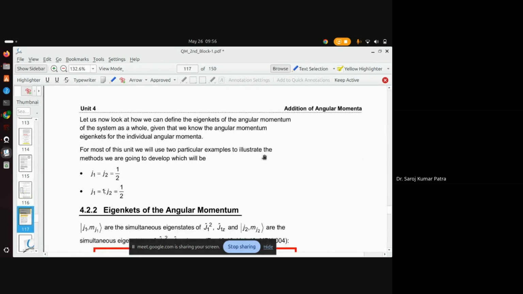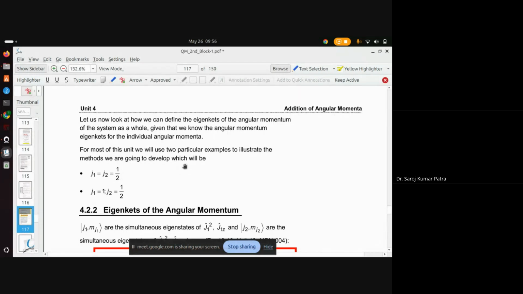So we can have total angular momentum like half, 1, 0, half, 1 and 1.5, like that, right? We'll mostly be looking into two cases where J1 and J2 is equal to half.